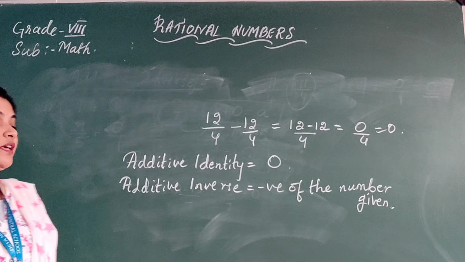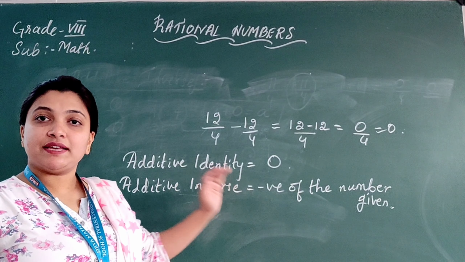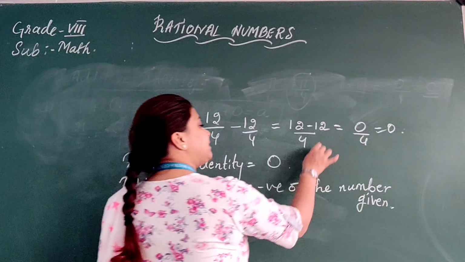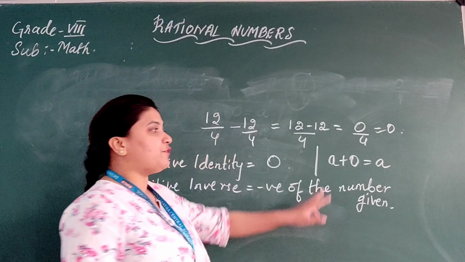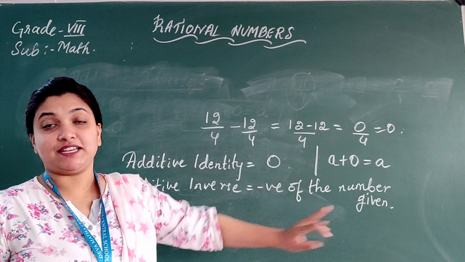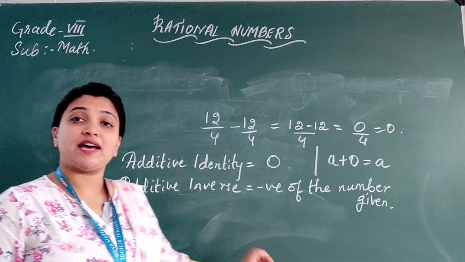Clear, children? Always remember, additive identity is 0. So what is the formula for additive identity? a plus 0 is equal to a. This is the formula for additive identity. Similarly, what is the formula for additive inverse?